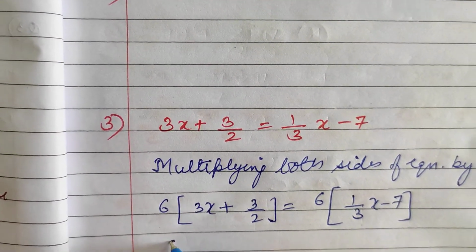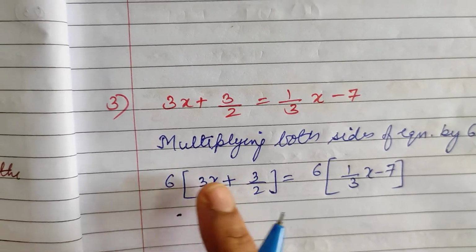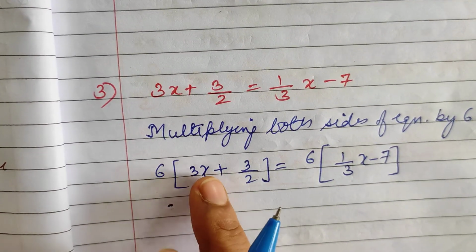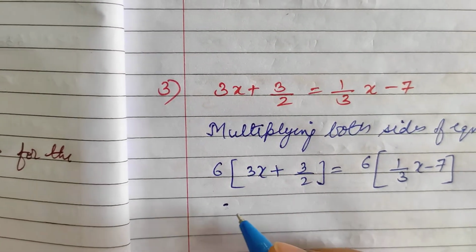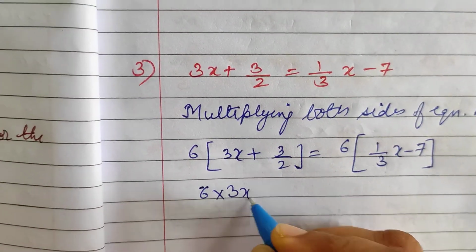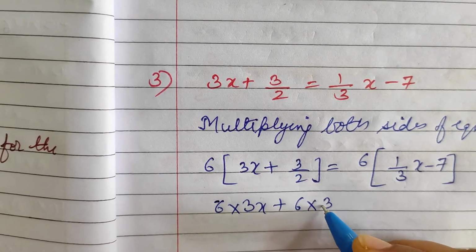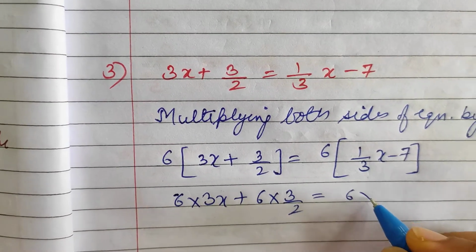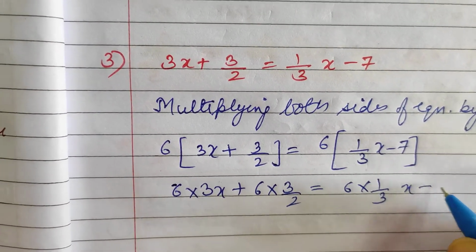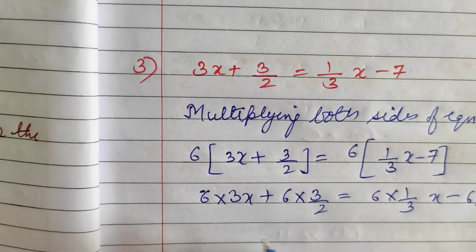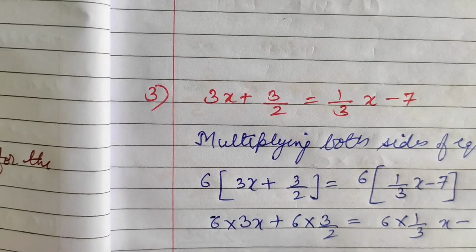Now again, this number is outside the bracket, so we have to multiply each and every term by 6. So 6 into 3x plus 6 into 3 by 2 is equal to 6 into 1 by 3x minus 6 into 7.